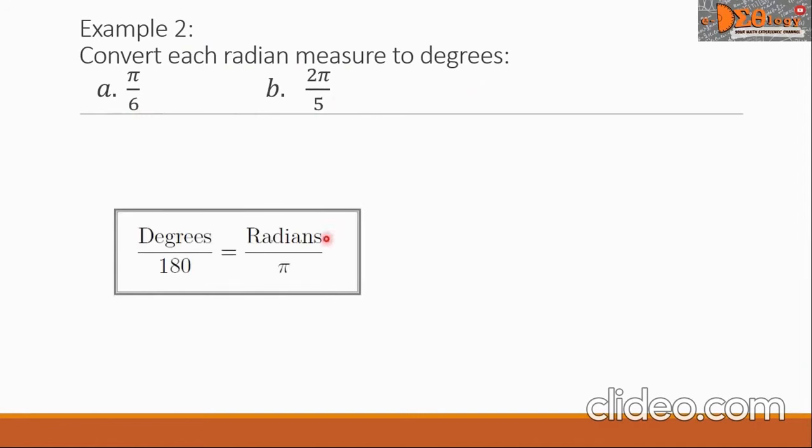Let us write again our working formula, and then let's begin with letter A, the pi over 6. We're going to write again this formula, but on this portion of the radian, we will substitute the value pi over 6.